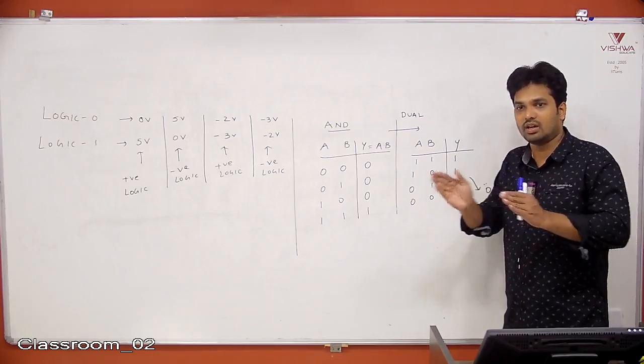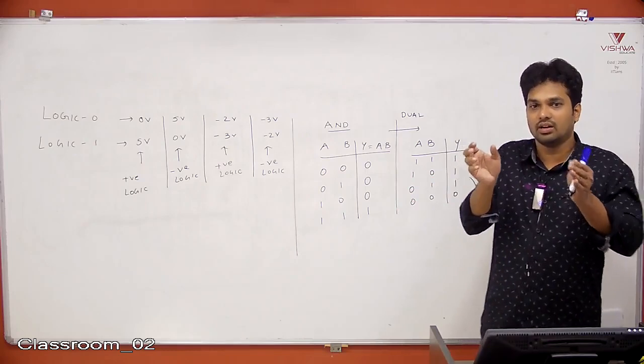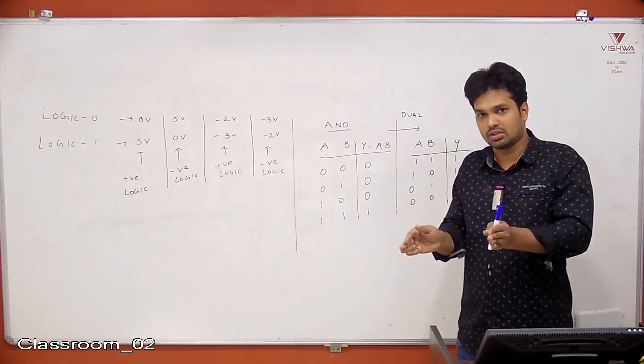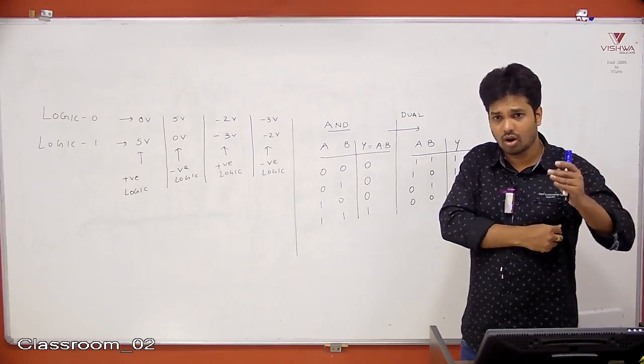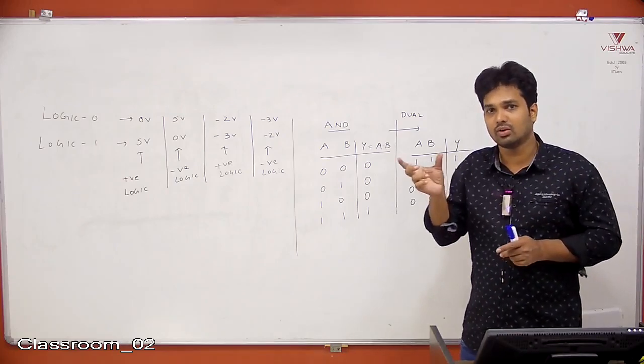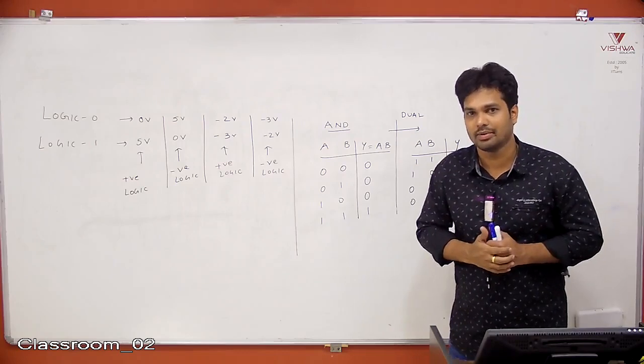Say any complex function: you have designed it in a positive logic system, and you are using it in negative or reverse. Then how to find the original answer is by using duality property. Okay, copy it.